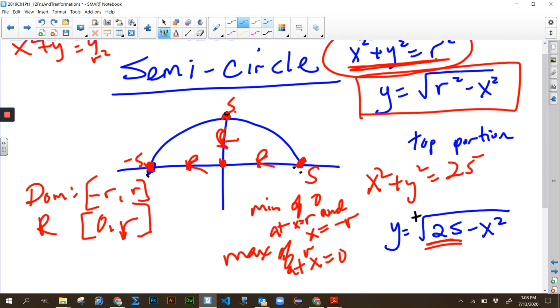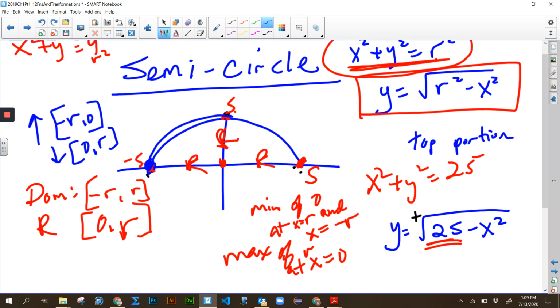Increasing, it does increase from -R to 0, and decreases from 0 to R. And again, we include the endpoints on this. And no asymptotes, no end behavior because it just kind of stops. And it's an even symmetry because it's flipped over the y-axis.